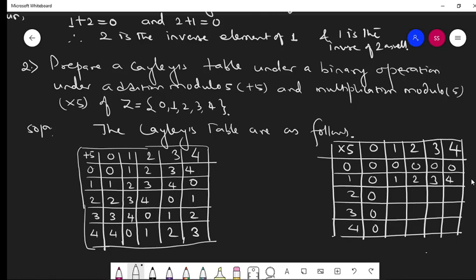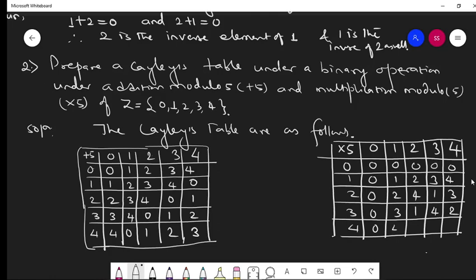No doubt. 2 1s are 2, 2 2s are 4, 2 3s are 6, 6 divided by 5 remainder is 1, 2 4s are 8, 8 divided by 5 remainder is 3. You can write here 3. And 3 1s are 3, 3 2s are 6 which is 1, 3 3s are 9 which is 4, and 3 4s are 12, remainder is 2.